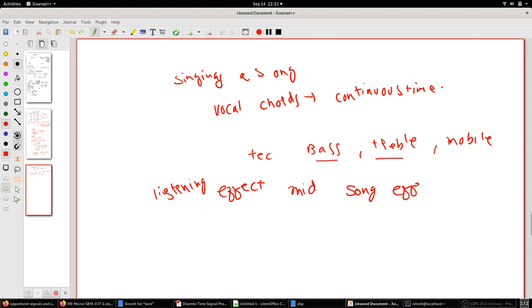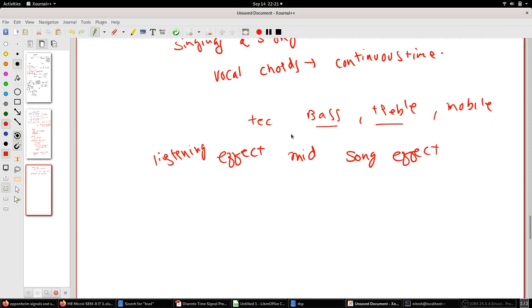Okay, now for this processing to be done, you are on your mobile or on your computer, they are digital in nature, right? But then the speakers which you have, the speaker phones, speakers connected to your mobile or computer, they are again talking a language of continuous time, right?